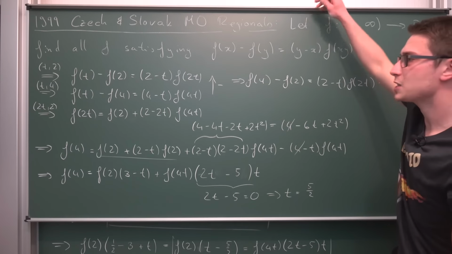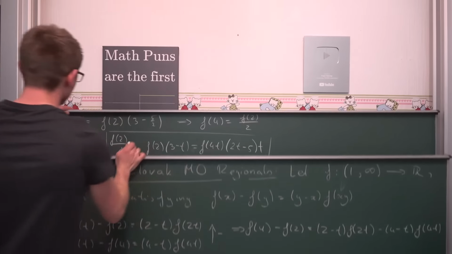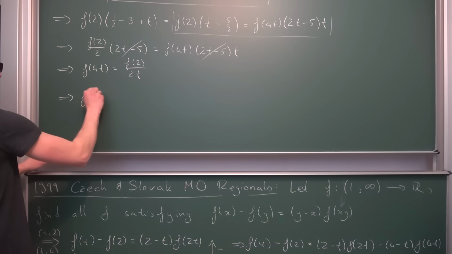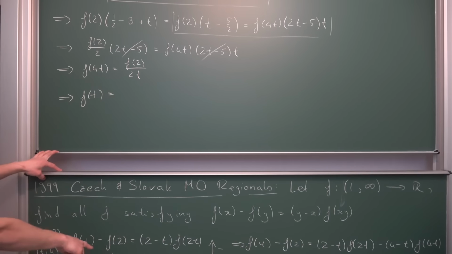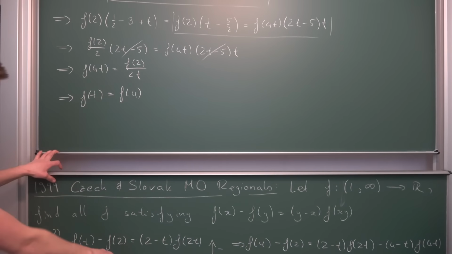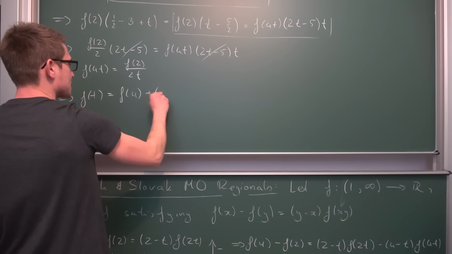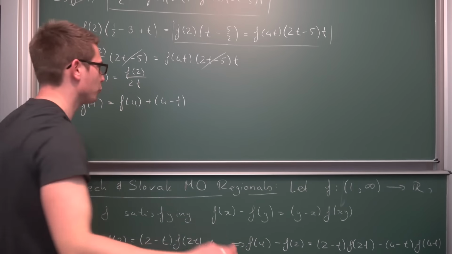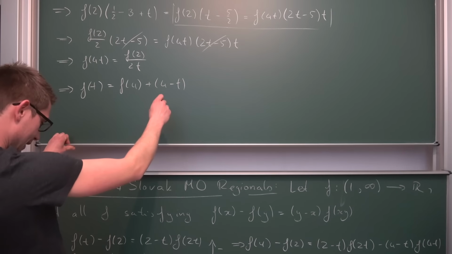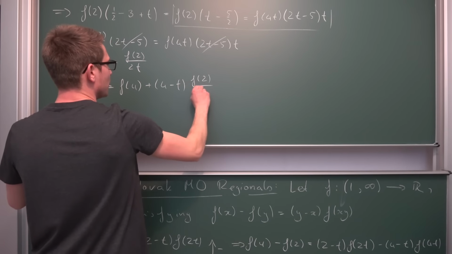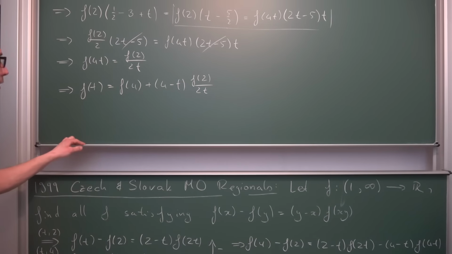It's an equivalent formulation, giving us overall that f of t is hence equal to, okay, we got f of 4 in our case, and then we are going to get plus 4 minus t, and we also know what f of 4t is. f of 4t is f of 2 divided by 2t.